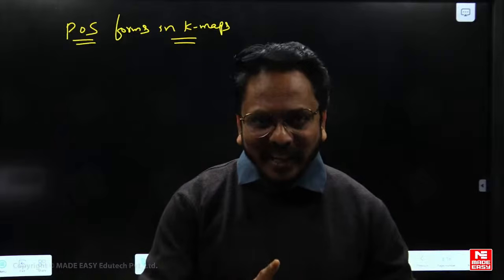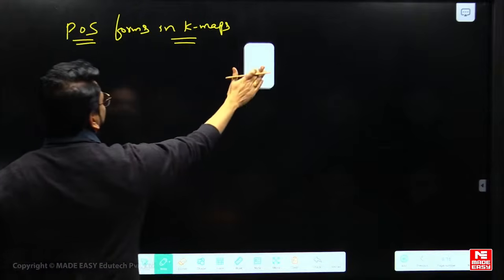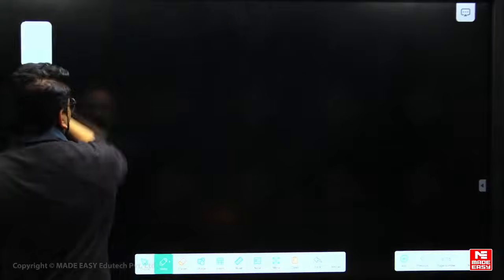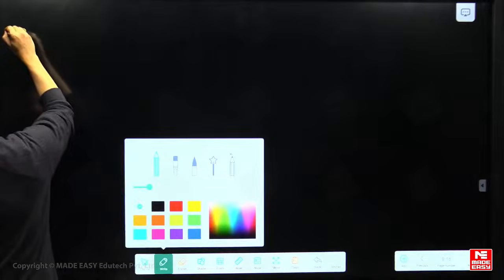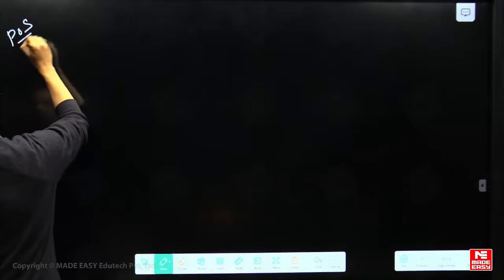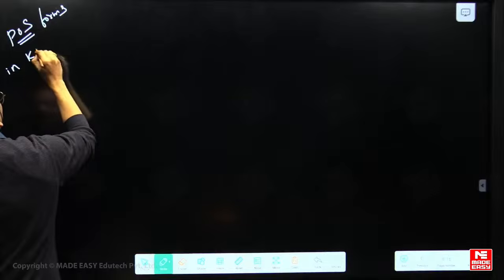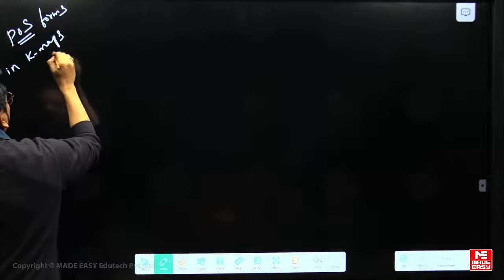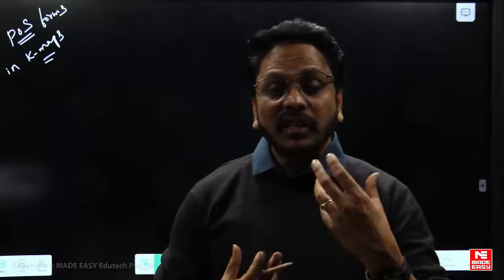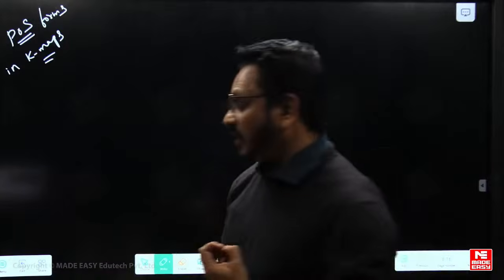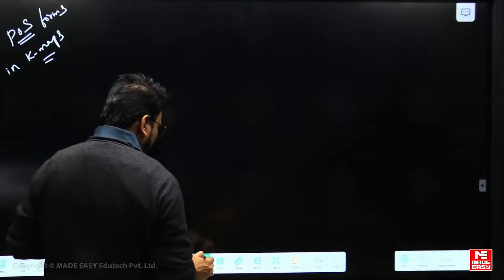Okay, let me discuss that. So, POS forms in K-maps, let me handle that with the help of the previous story only, with some questions based on that. See, there is a K-map.